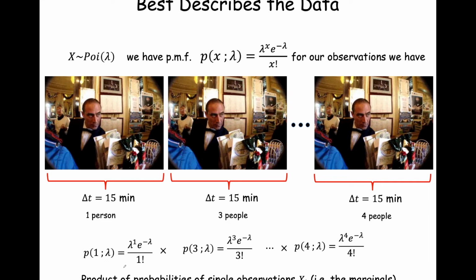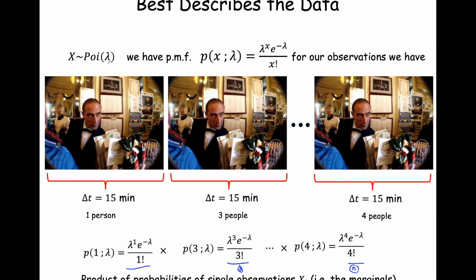So we have the marginal probability or likelihood associated with the first observation, the marginal likelihood associated with the second observation, and likewise with the nth observation. So we multiply together all of these marginals, or the one at a time probabilities of each one of these samples, using the same distribution with the same parameter lambda.